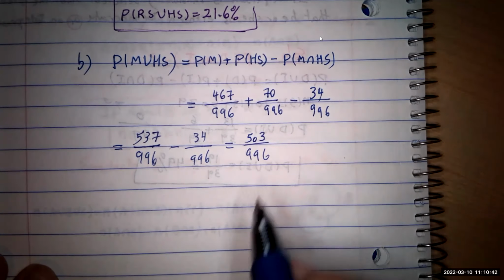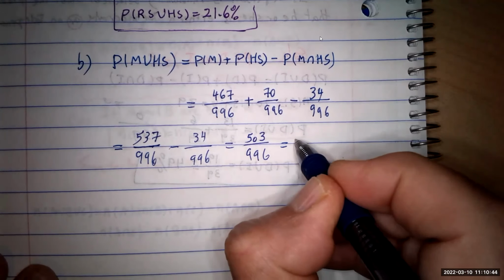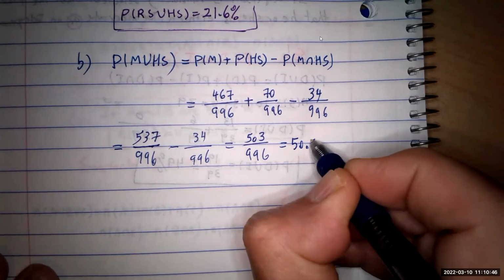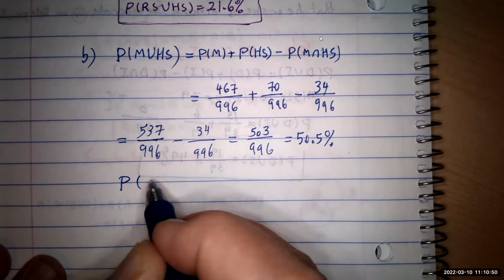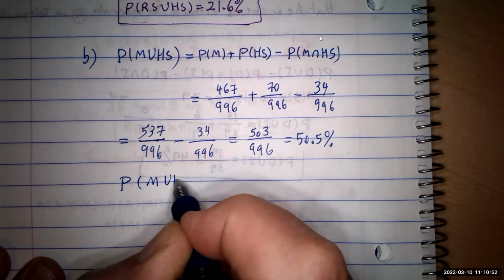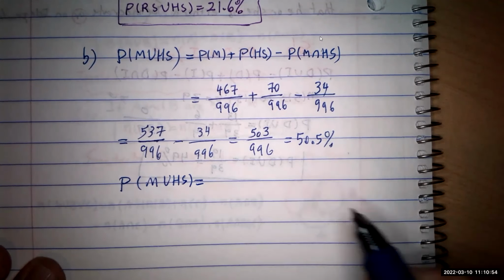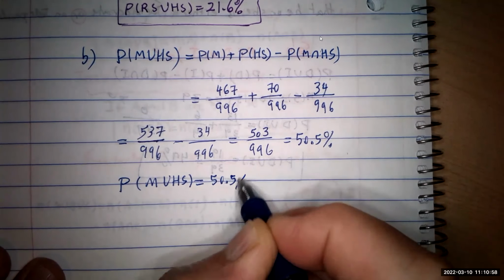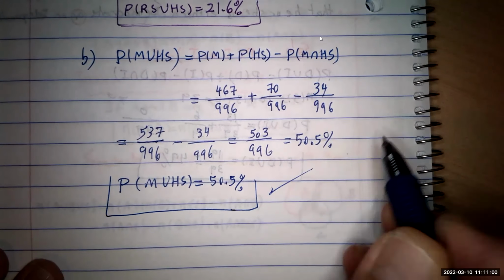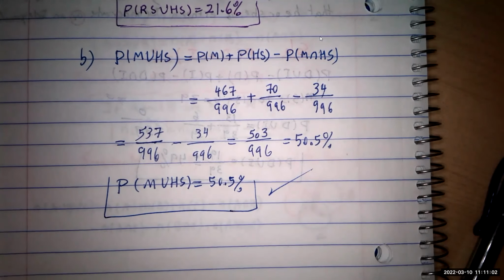Using your calculator, that gives you 50.5%. So the probability of getting a man or a heavy smoker is almost 50 or 51%. And then you're done. That's the OR combination that we're going to have.